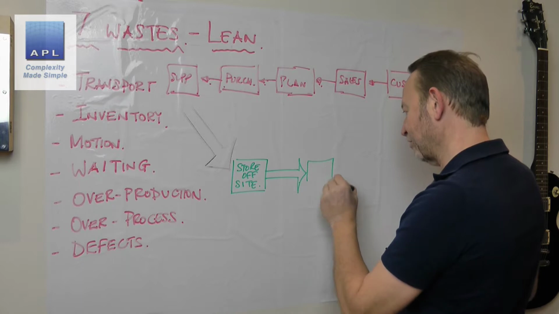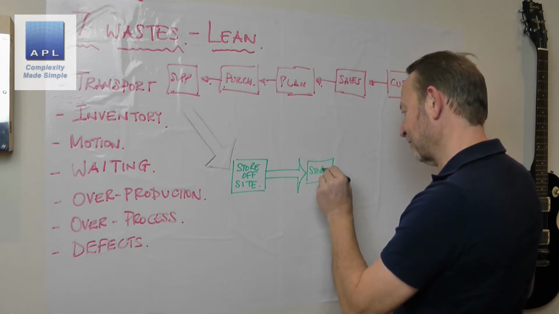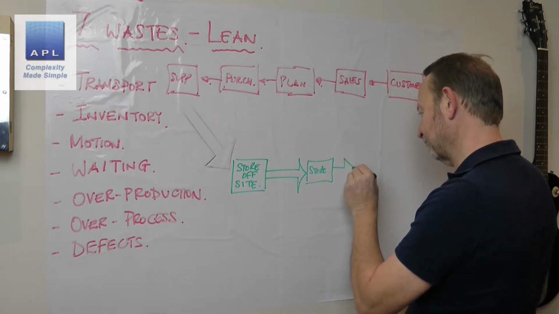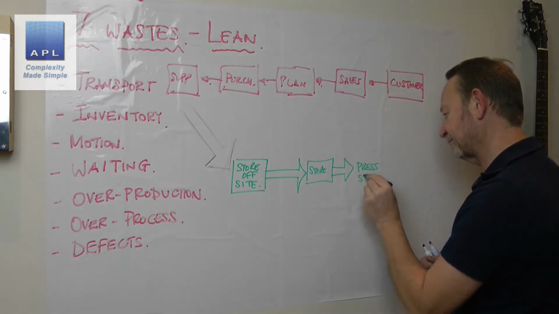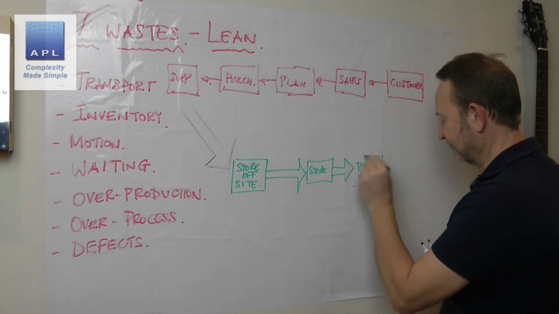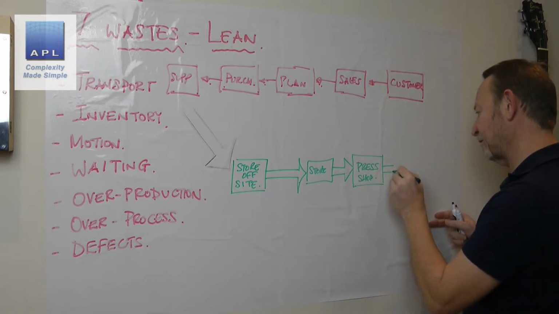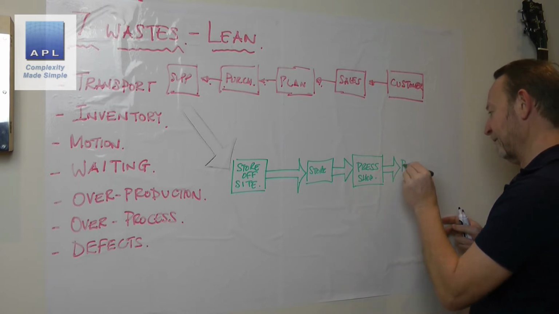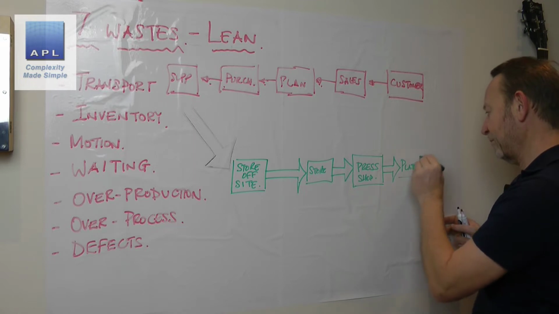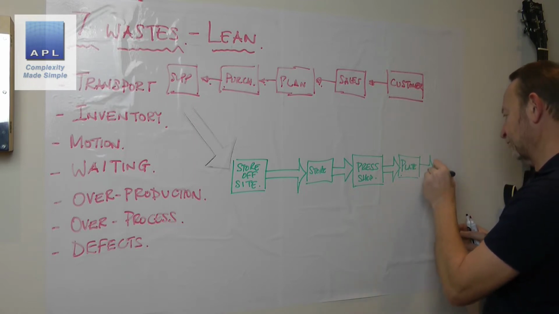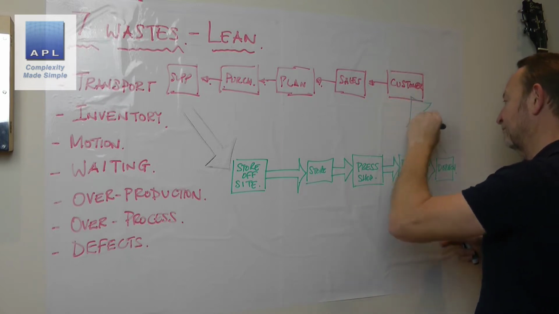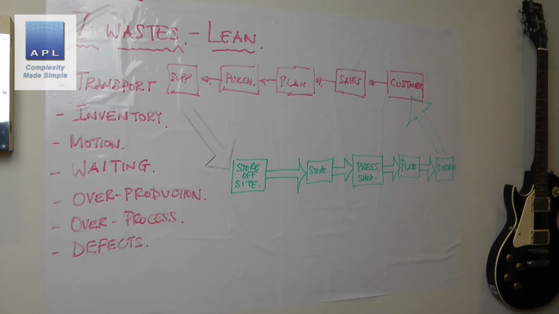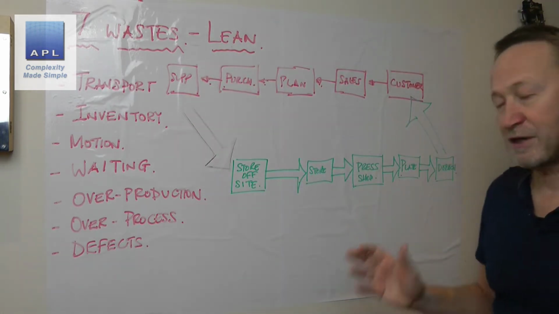Then we bring it on site to a store, and it goes to the press shop, it goes to the plating shop, it then goes to dispatch, and eventually it goes back to the customer. So there's a simple flow.